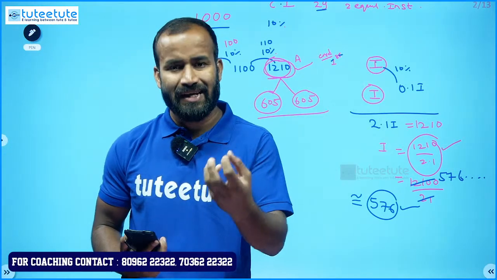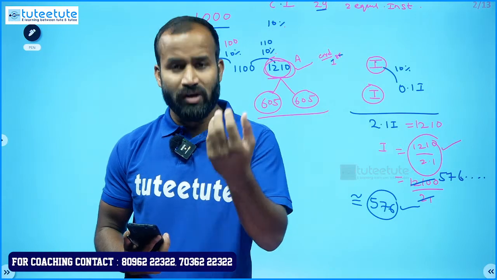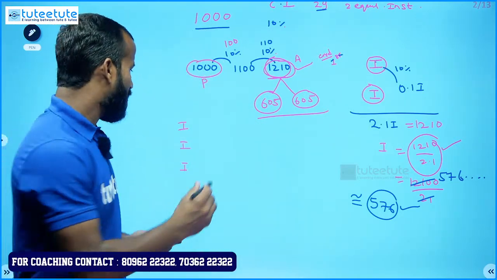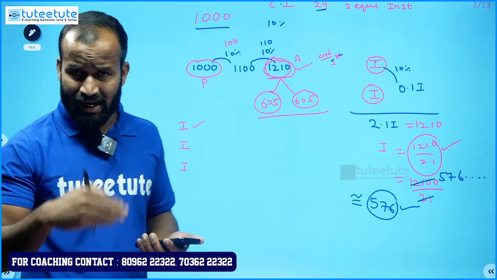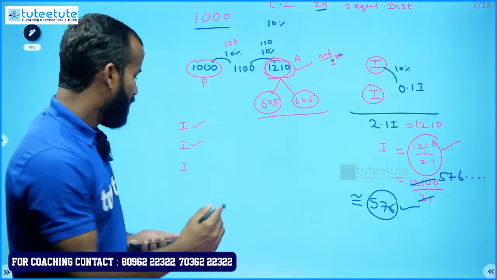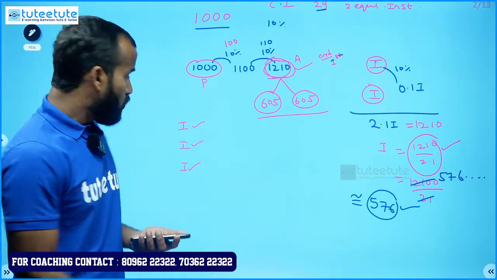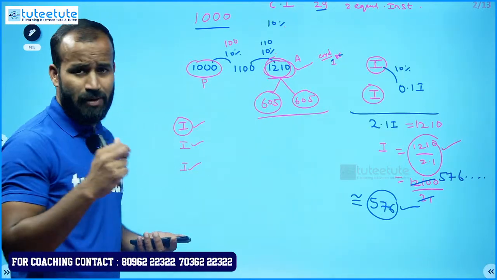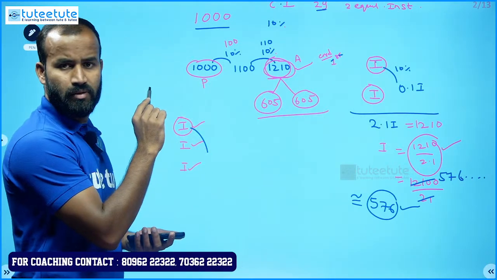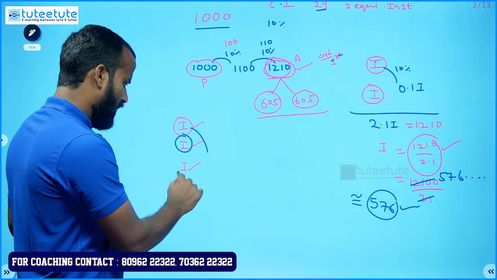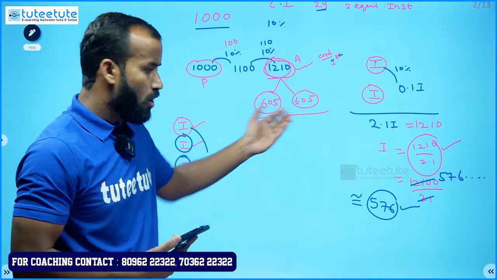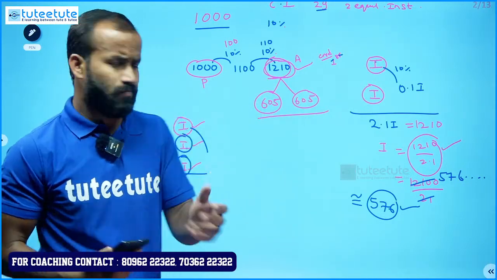I have to pay it back in 3 equal installments, which means I will pay one installment at the end of 1 year, one more at the end of 2 years, and one more at the end of 3 years. For the first installment I am paying 2 years before, so I have to get interest for this, and for the second too. I paid the third after 3 years, so no interest. So the same concept you can apply to find for 3 years also.